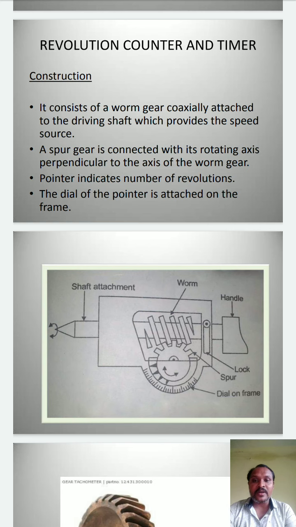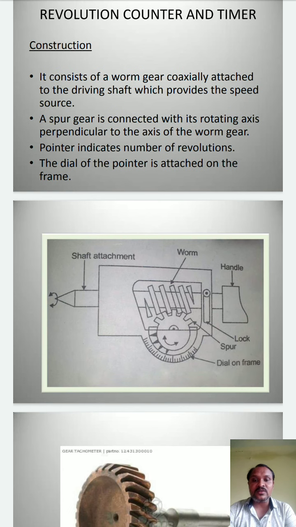The pointer indicates the number of revolutions. As we have the pointer at this end, it starts indicating the number of revolutions. The dial of the pointer is attached on the frame. So at the dial we have the pointer section.